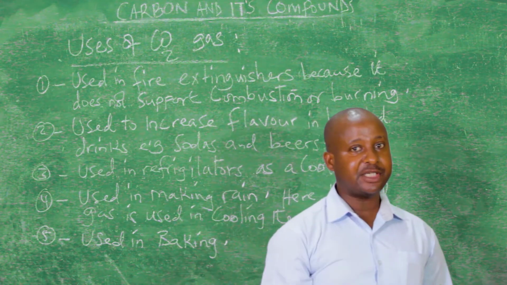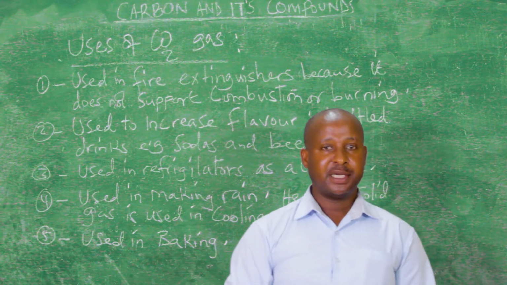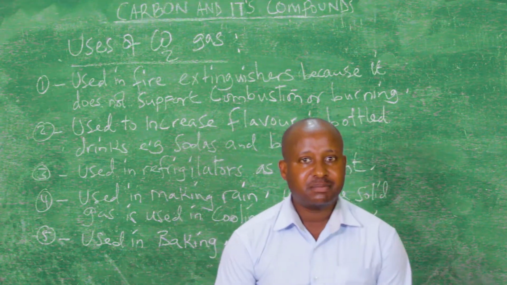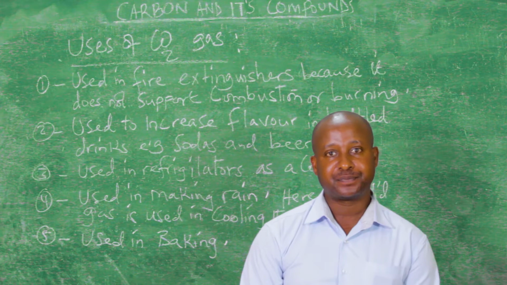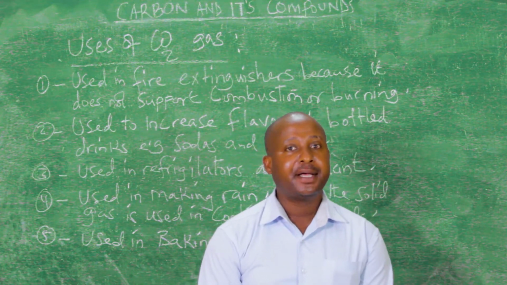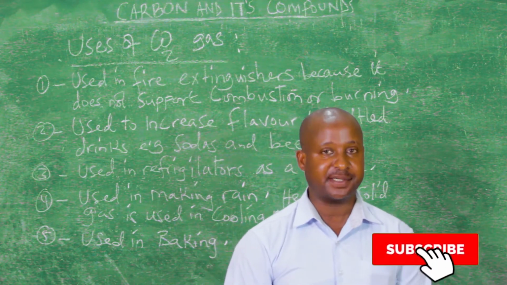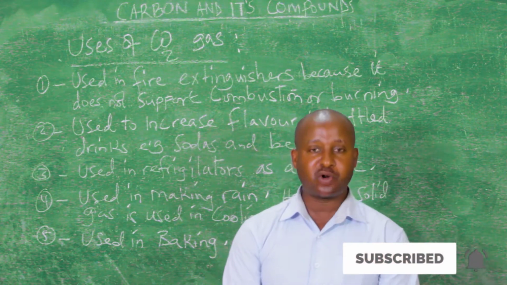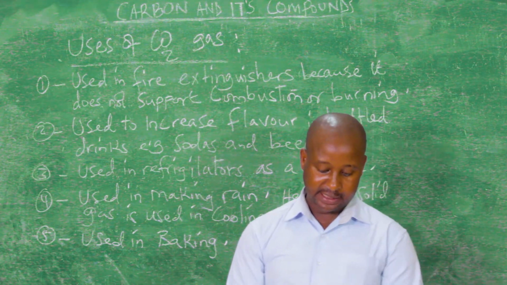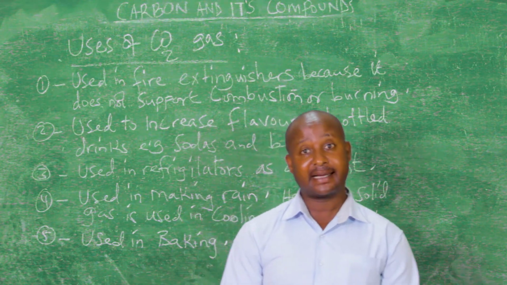Here, during baking, we shall discover baking powder is composed of two major components. It is composed of sodium hydrogen carbonate, and it is composed of tartaric acid.